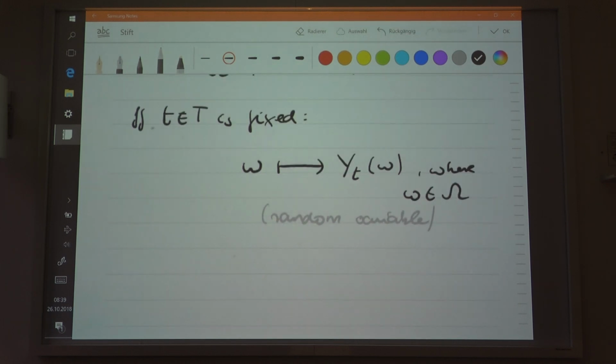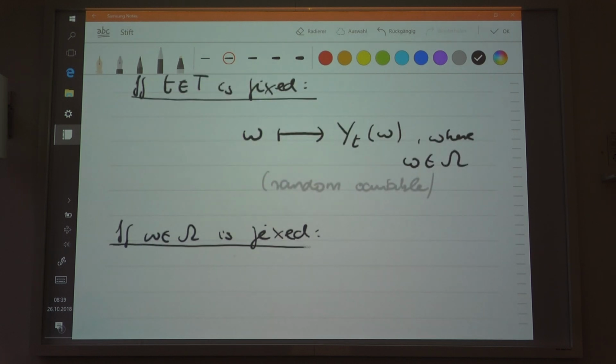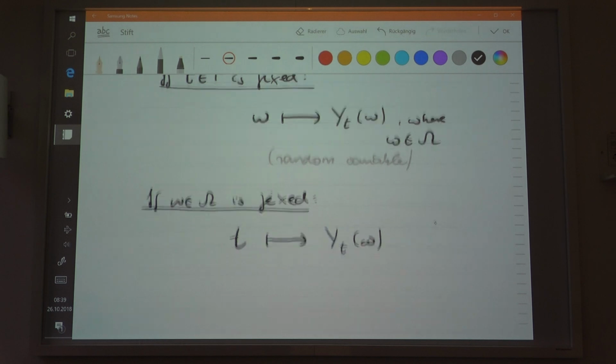And that's the first case. So if t is fixed, and if omega is fixed, then you have something else, namely a path. Here you have a function that maps all elements from capital T, which denotes the time, to the element, I call this capital Y_t.